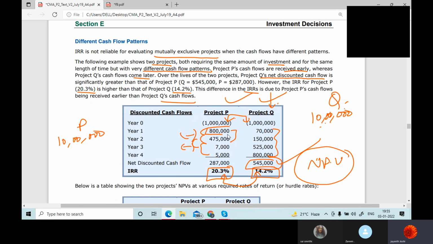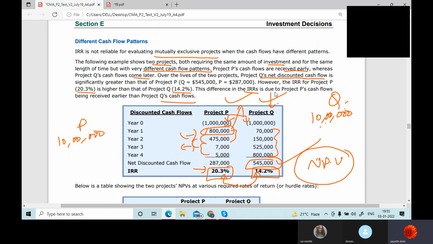When I received 8 lakhs, I would have reinvested it at 20.3%, because there is a reinvestment assumption in IRR. So when I reinvested at 20.3%, I would have got higher returns. That is what they're assuming.